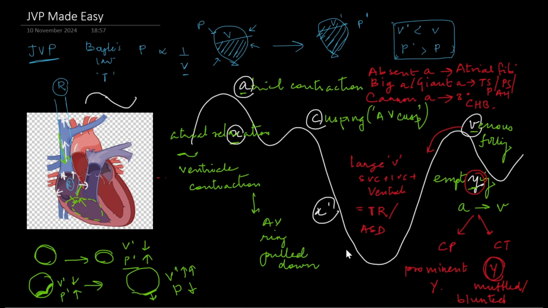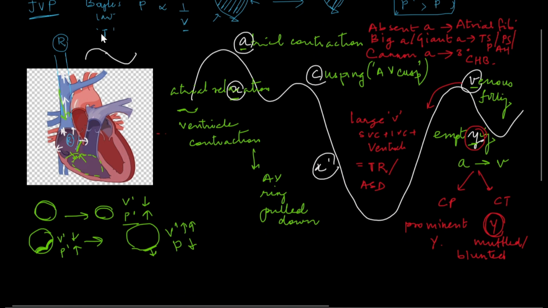And the one last thing that I want you all to understand is how the ECG correlates with the JVP. Since we know that somewhere before C is when your ventricle starts contracting, because when it contracts, it pushes the cusp inside the atrium and then it becomes so small that it pulls the AV ring down. So this is the part when your ventricle is contracting.